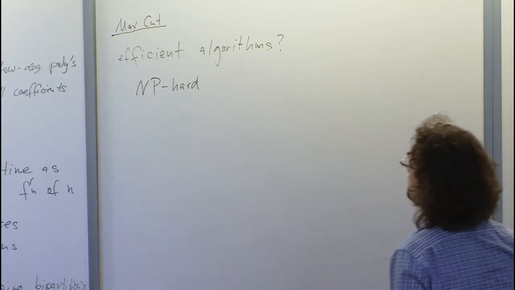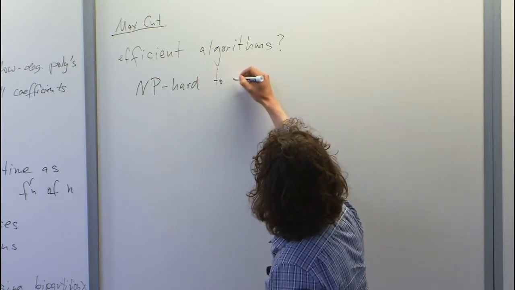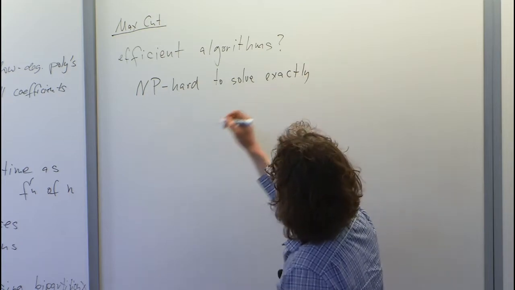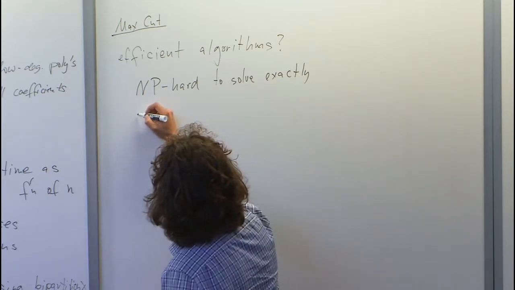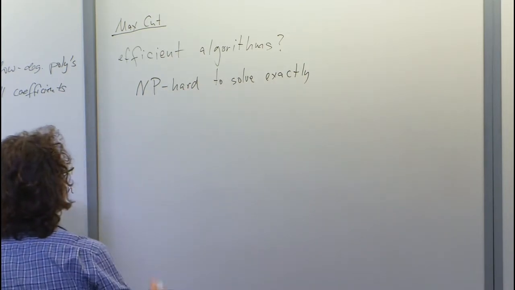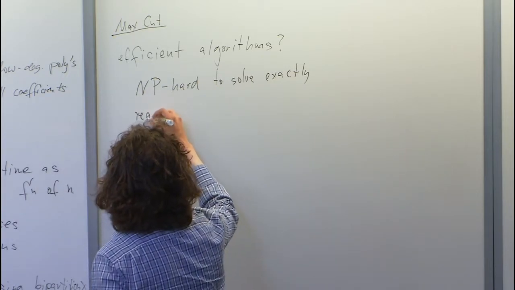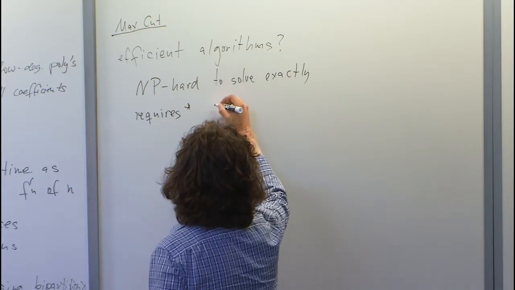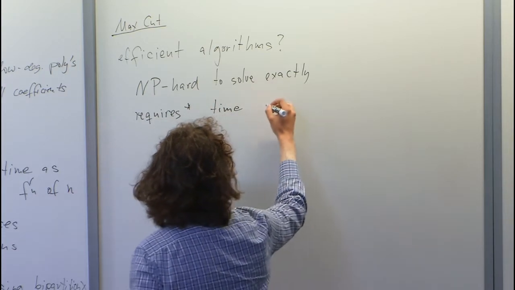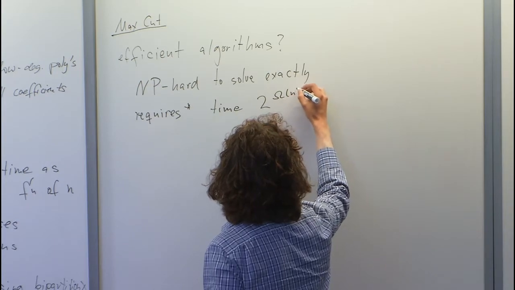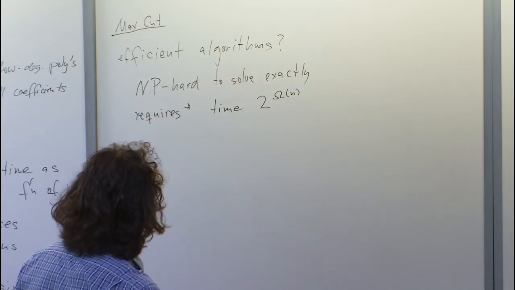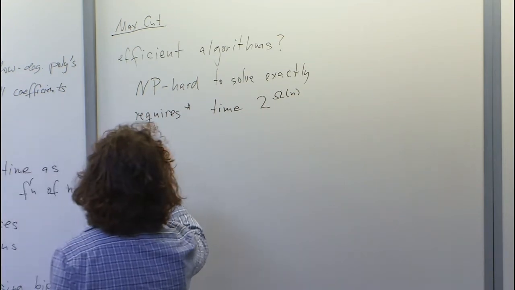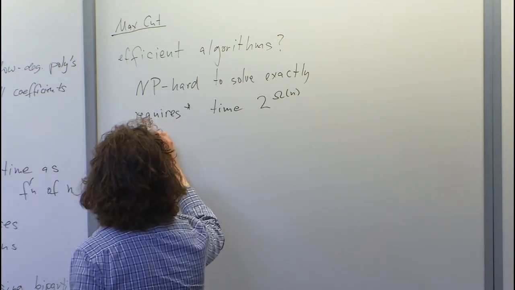So this problem is NP-hard to solve exactly, and the hardness proof even shows that solving it exactly requires, under some reasonable assumptions, exponential time. So the real question is, how close can you get?